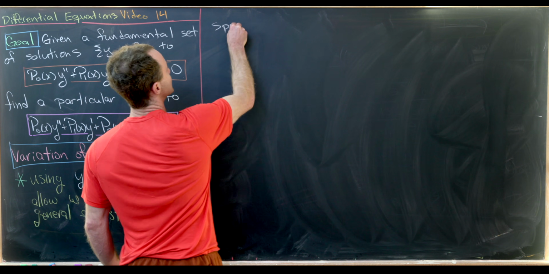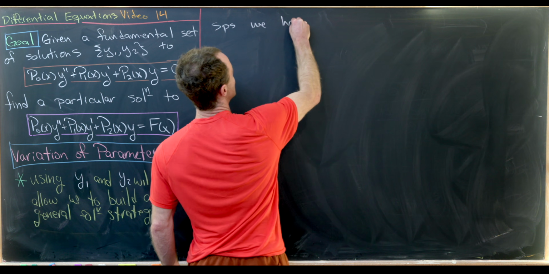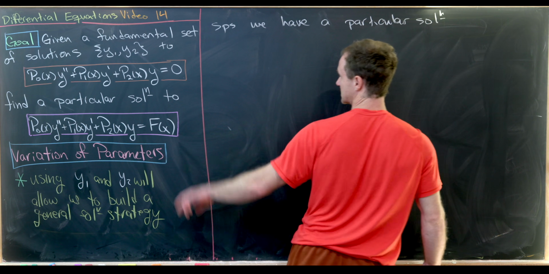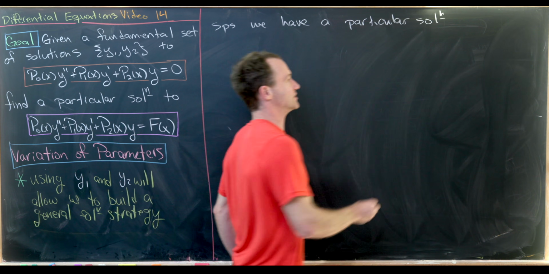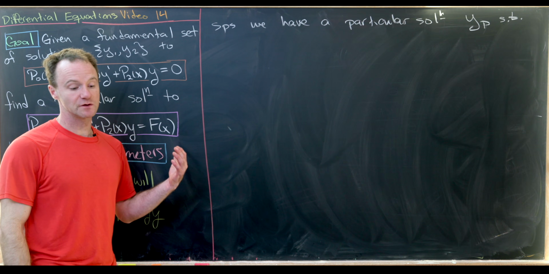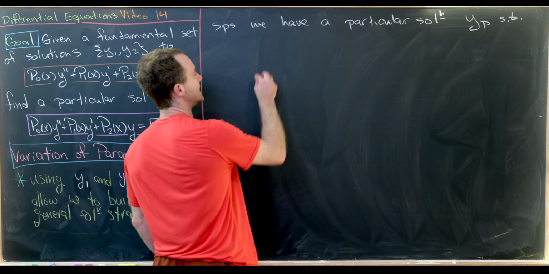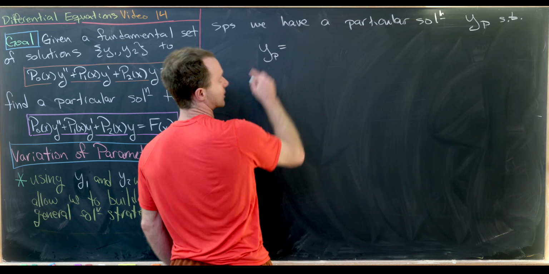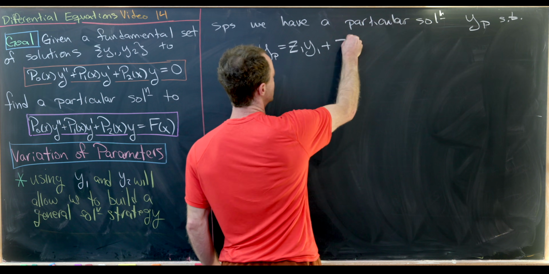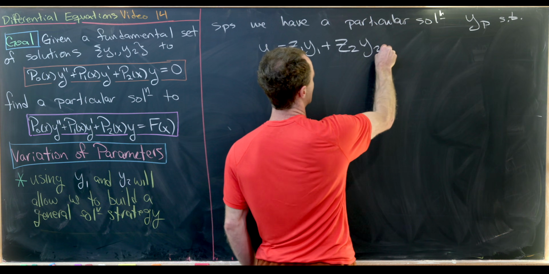Let's suppose we have a particular solution, and by a particular solution I mean a solution to this purple boxed equation, and I'll call it yp. We're going to suppose two things. One is that it is of the form z1 times y1 plus z2 times y2.